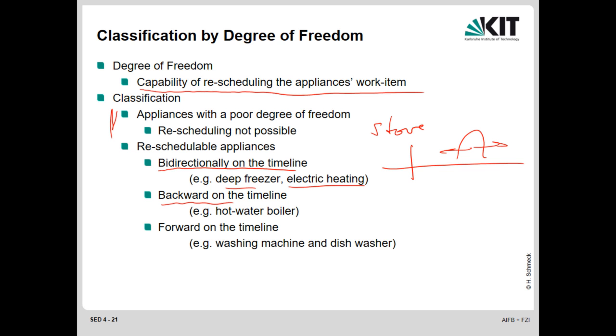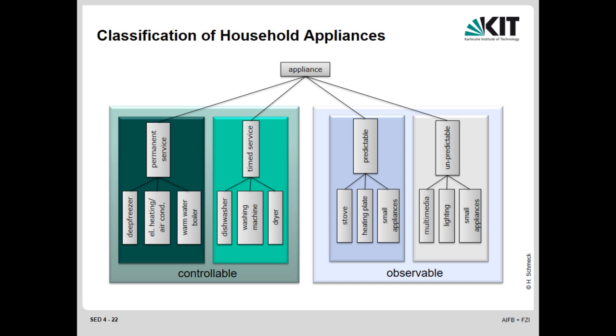Whether you heat it immediately before or 2 hours before doesn't matter if you have a well-insulated hot water tank. Forward on the timeline is something which may be available for washing machines or dishwashers. If they are loaded and the user says, okay, now it can be started, then it's good to have some time interval for running the washing machine or dishwasher, but you can move it to some later time.